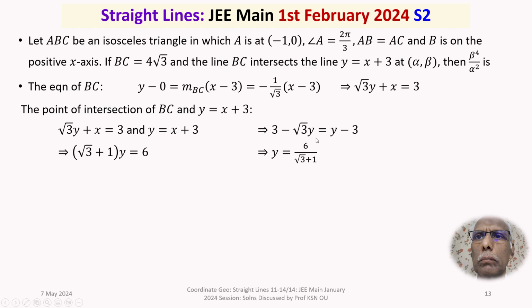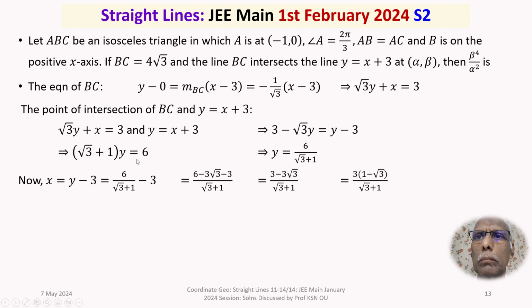Take this y and substitute x is equal to y minus 3. Substitute the y value, 6 by root 3 plus 1, minus 3. Simplify, you will get 3 into 1 minus root 3 by root 3 plus 1.